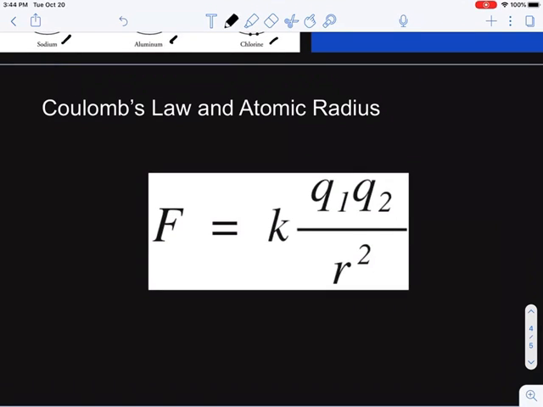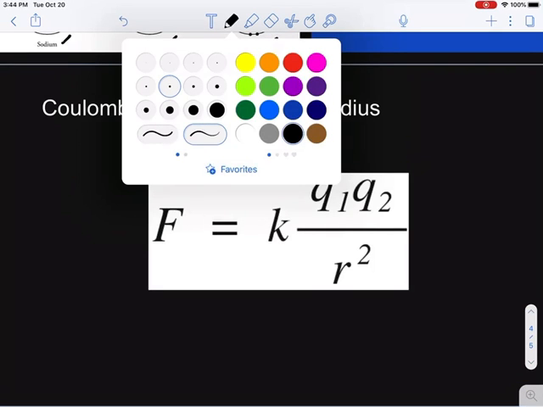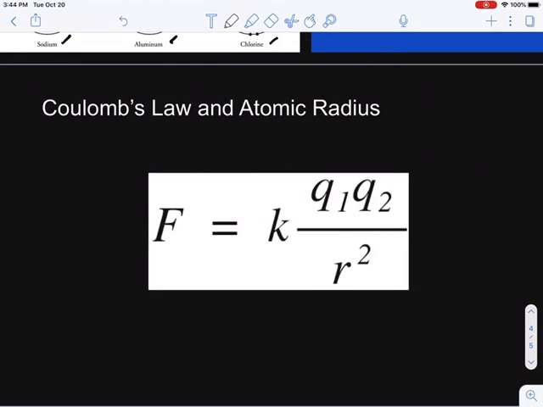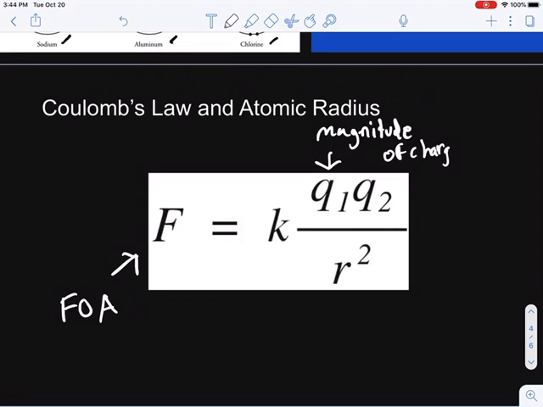How can we connect shielding and effective nuclear charge to Coulomb's law and use all of them to explain atomic radius? Well, we should recall for Coulomb's law that F is the force of attraction, Q1 is the magnitude of our charge, which is really equivalent to Z effective for our examples.